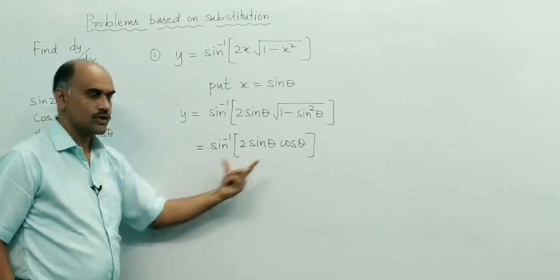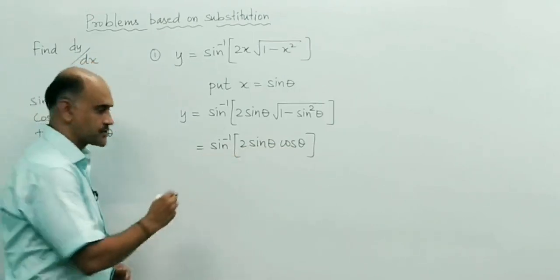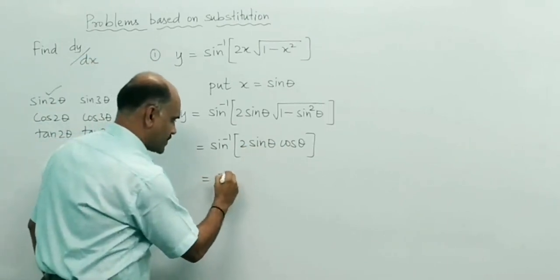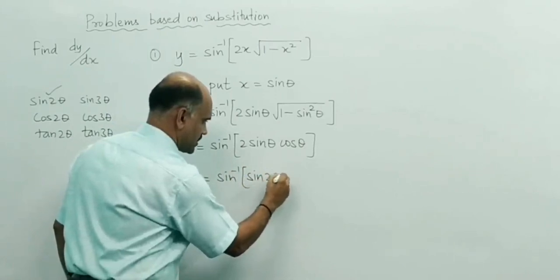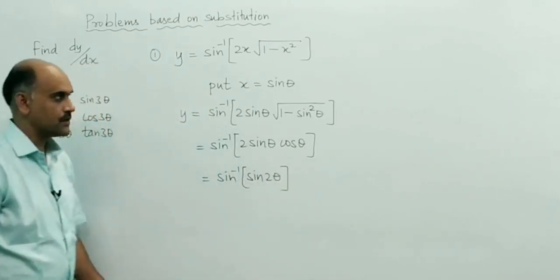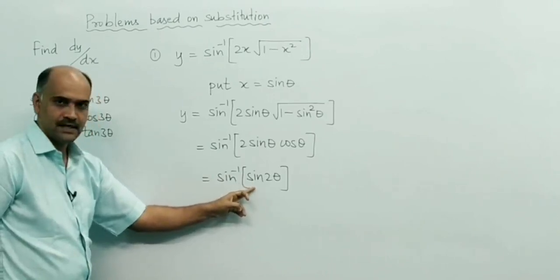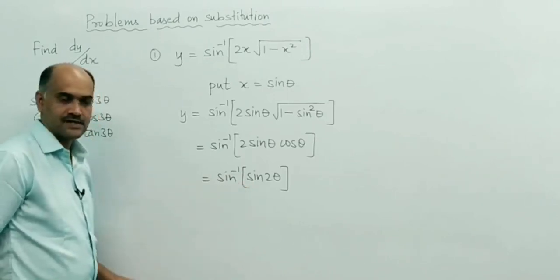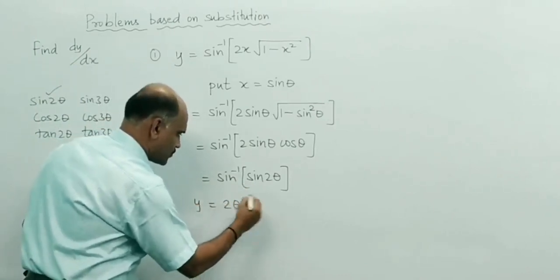Now this is a formula for sine 2 theta. So I will substitute this, sine inverse sine 2 theta. Now sine inverse and sine gets cancelled. You will have y is equal to 2 theta.